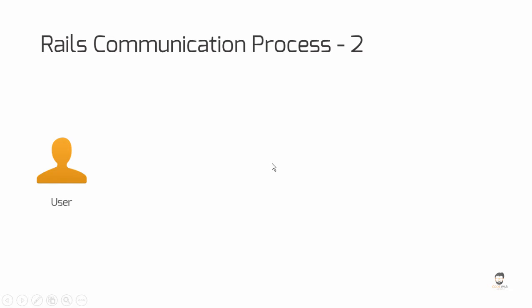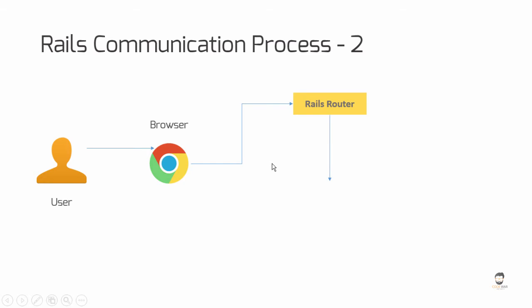When a user opens his browser, types the URL, and presses enter, the URL request hits the Rails router, which is inside the config folder, in the routes.rb file. The router maps the URL to the correct controller and action to handle the request.